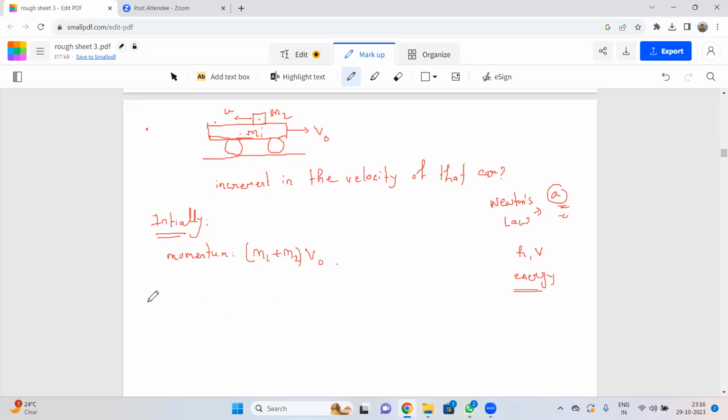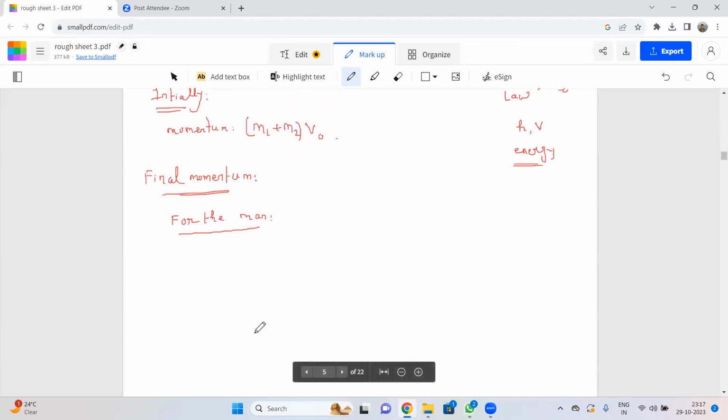Now, what is the final momentum? Finally, the man is moving in the opposite direction and the car is moving in the positive direction. So for the man we need to find the momentum, and for the car we also need to find the momentum.